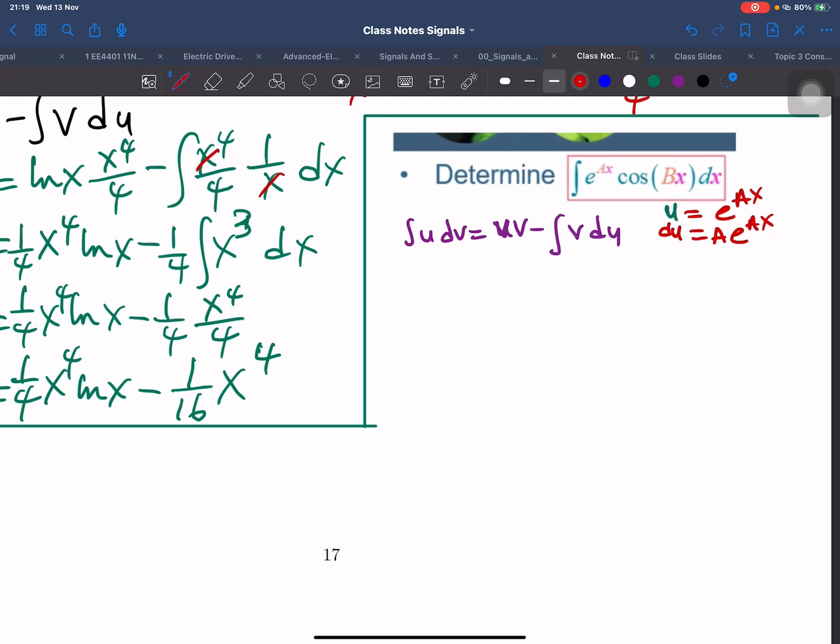Then our dv becomes the remaining part, which is cos bx dx.